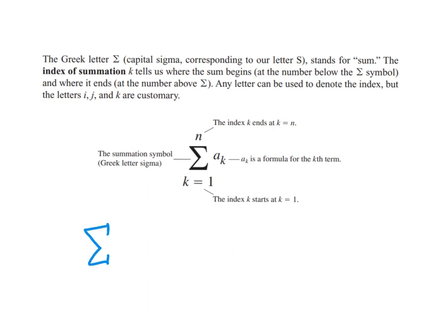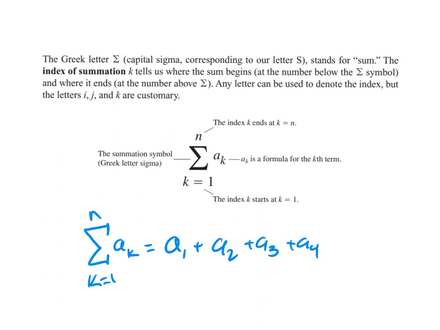we start counting with k equal 1, and then we keep going 1, 2, 3, 4, using our natural numbers until we get to n. So this sum would be written out the long way as a1 plus a2 plus a3 plus a4.